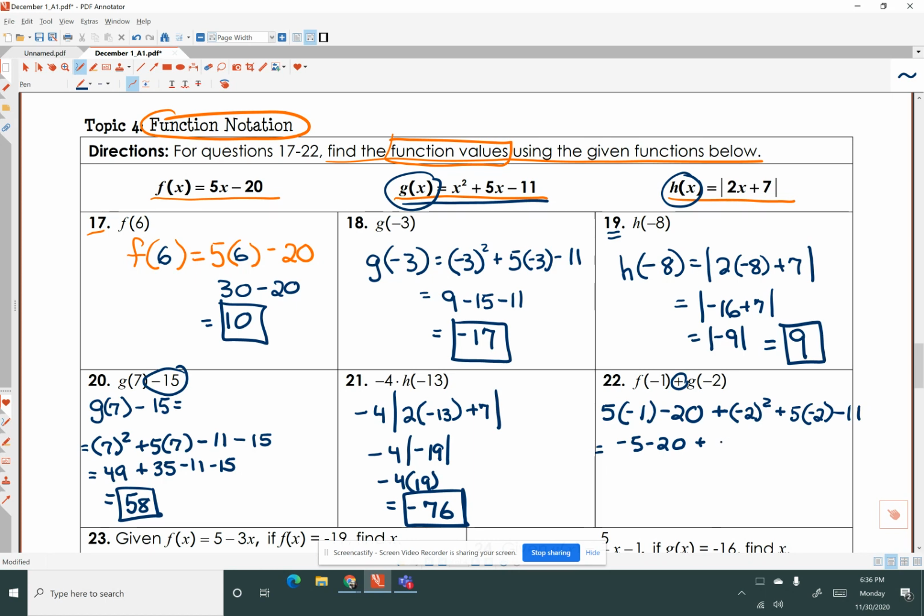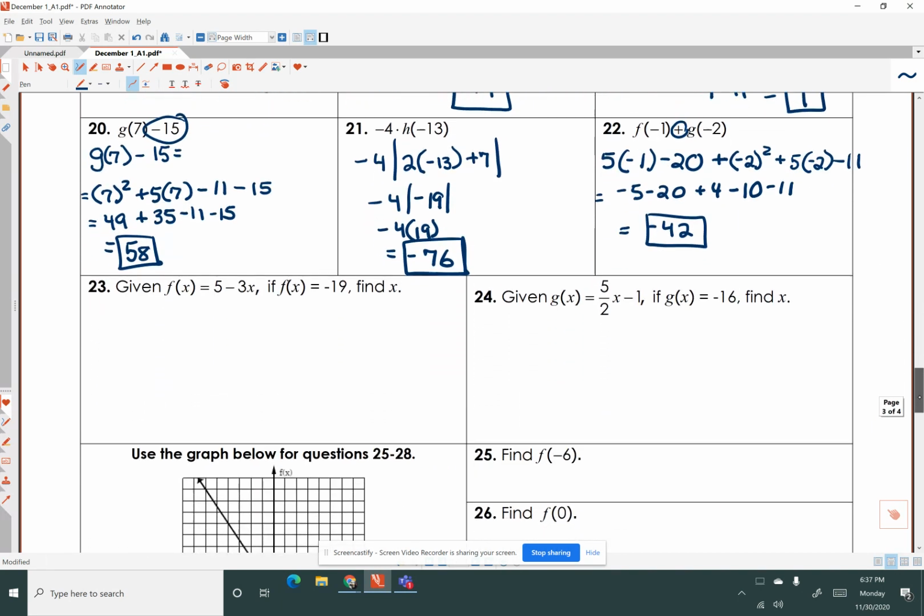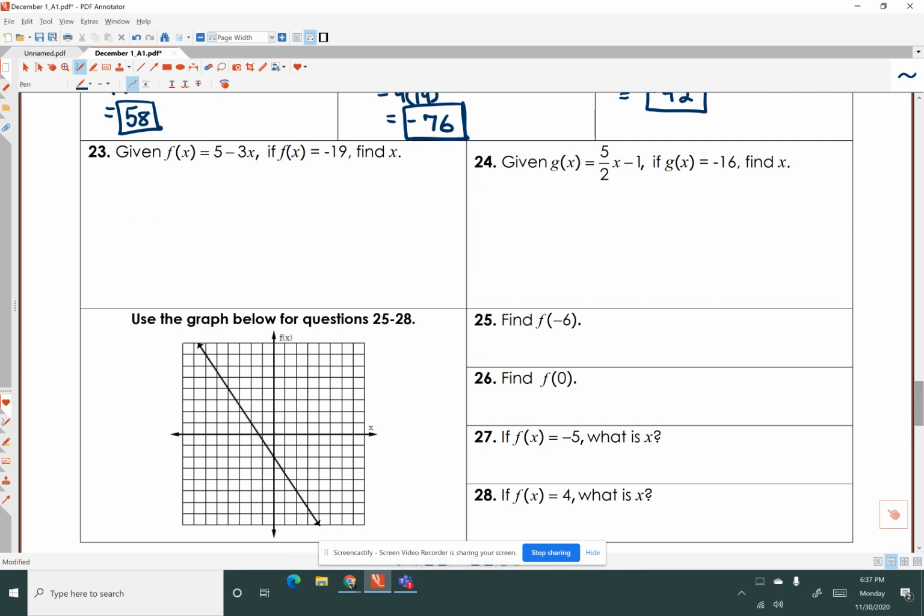Negative 2 times negative 2 is positive 4. Plus 5 times negative 2, negative 10, minus 11, and then when we combine all of those terms, we get negative 42. Be very careful, use parentheses when you substitute.